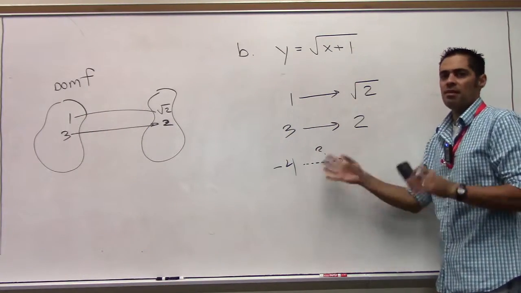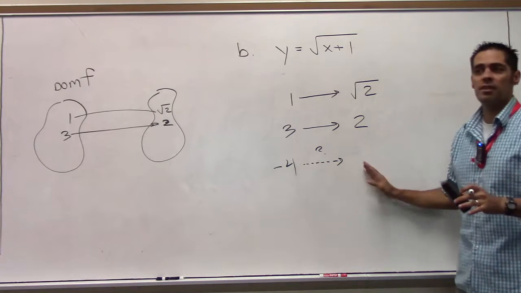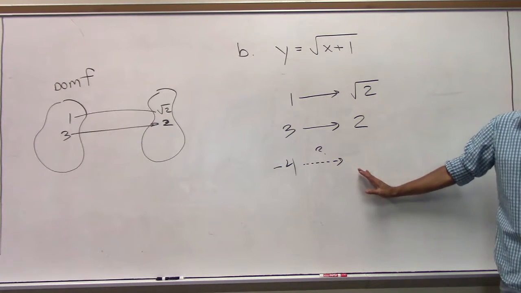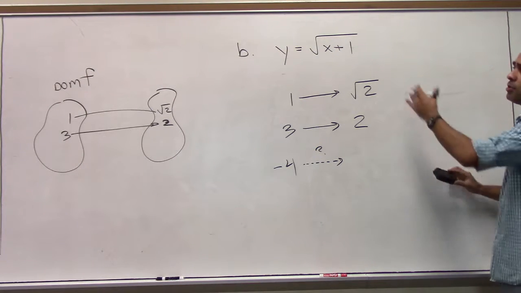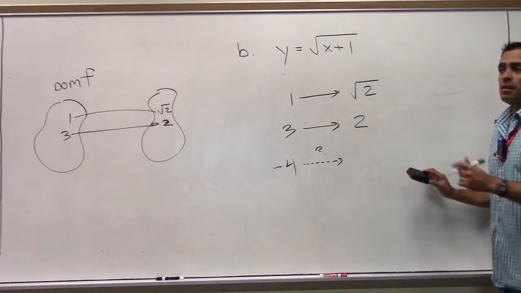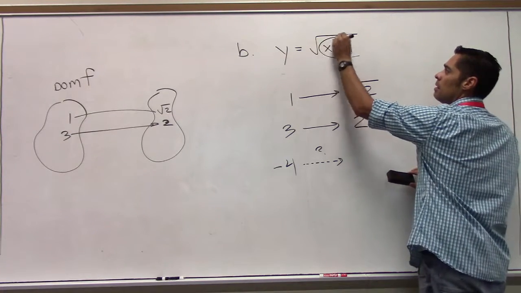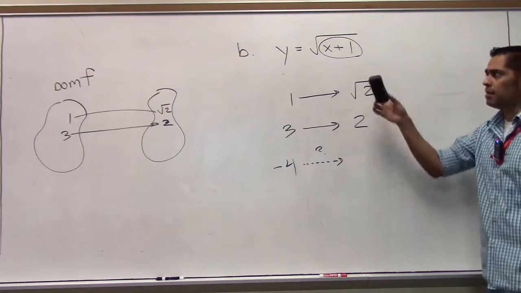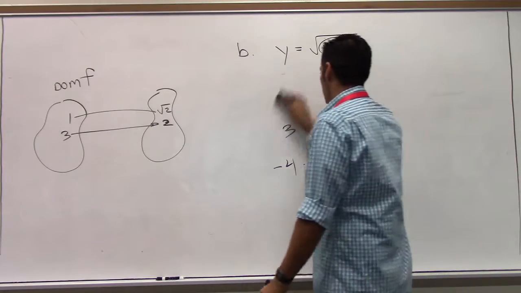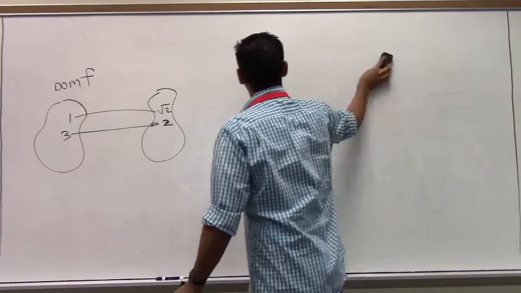This negative 4 is not allowed in our domain because the function doesn't make sense there. Does that make sense? We're going to have to investigate this a little further. How would you determine the domain of this? You need to guarantee me that that's not going to be negative. Okay, it's coming. That's going to be harder to do. But this does appear to be a function still. So B is a function.